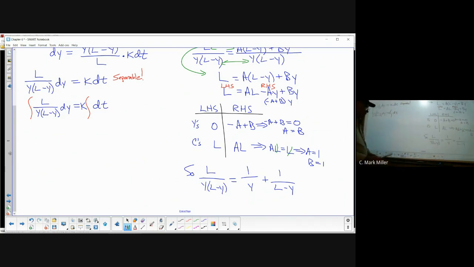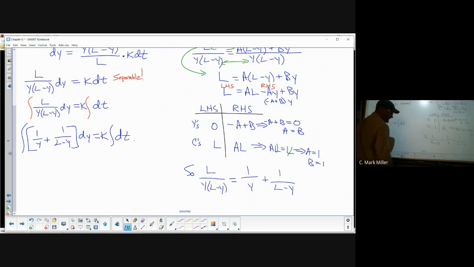Both go to logs. So the last thing: the integral of 1 over Y plus 1 over L minus Y dy equals K times the integral of dt, and we're going to leave it there.